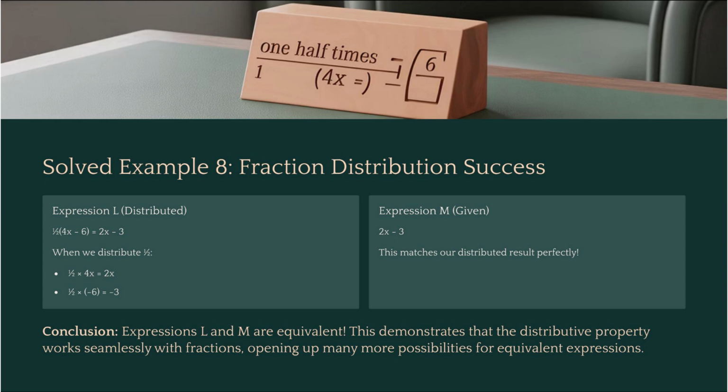Since expression L simplifies to 2x minus 3, and expression M is already 2x minus 3, we can conclude they are equivalent. This confirms that all of our properties, especially the distributive property, apply to coefficients that are fractions or decimals just as they do to whole numbers.